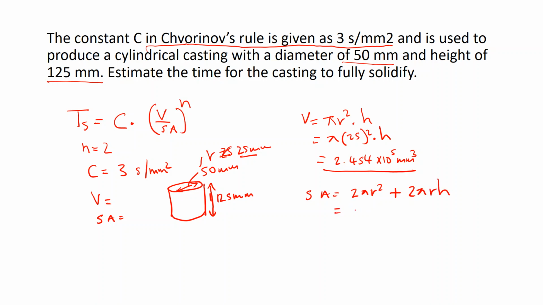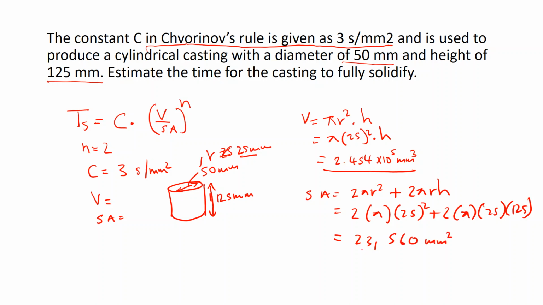If we plug the values in here, 2 times pi times 25 squared plus 2 times pi times 25 times 125, we get the total value as 23,560 millimeters squared.